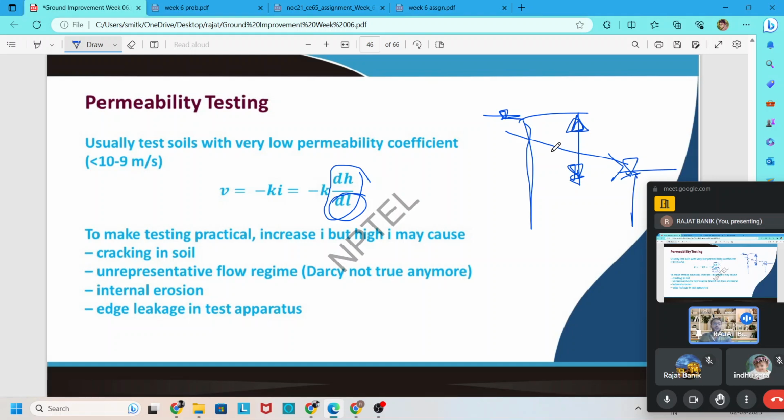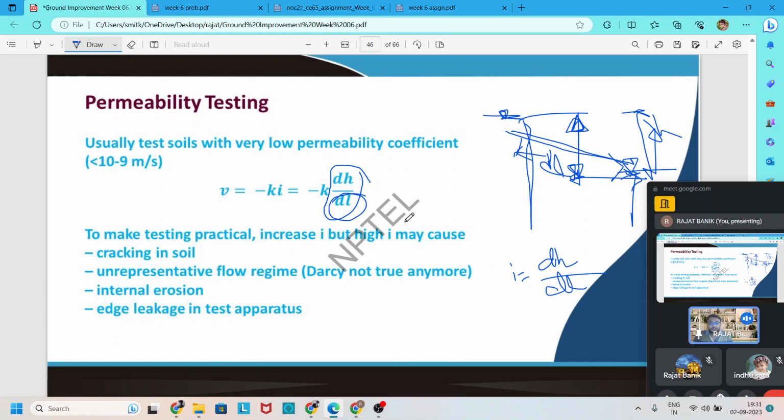There needs to be one head loss or one gradient. So water flows from here to here. That gap is del H, and the length of water flow from here to here is del L. So the hydraulic gradient is i equal to del H, that is the drop of water head, divided by del L. This hydraulic gradient needs to be found for finding out the permeability of the soil.